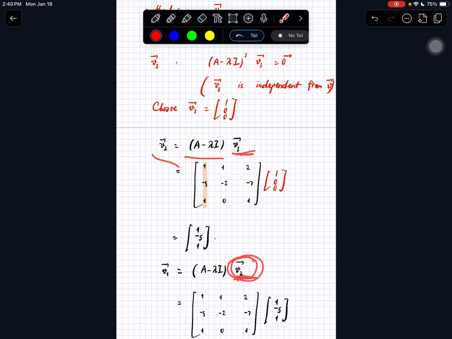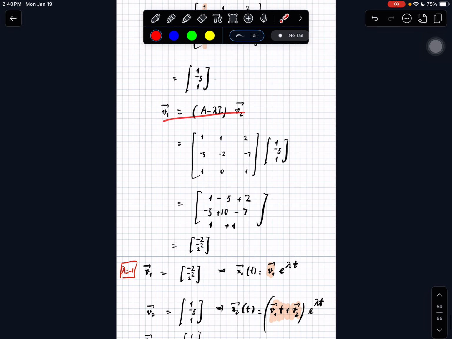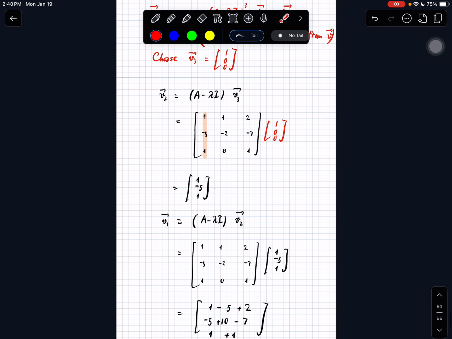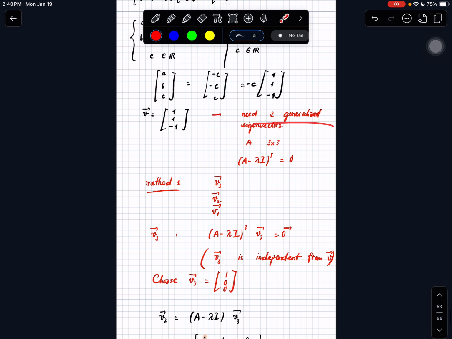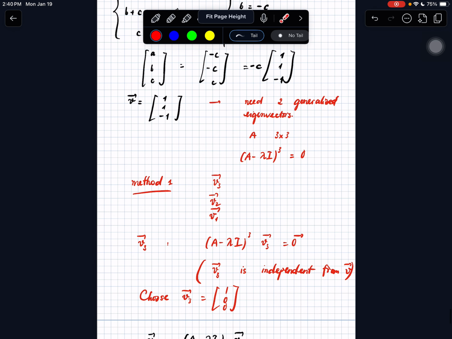So find the solution of this equation and this one. So that's the second method. But I guess for this case, when we know it's defective, missing two eigenvectors, we know that (A minus lambda I) cubed equals 0. This 0 is a zero matrix. It would be easier this way to find v3 and v2.